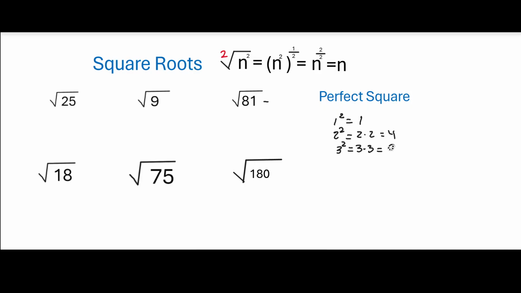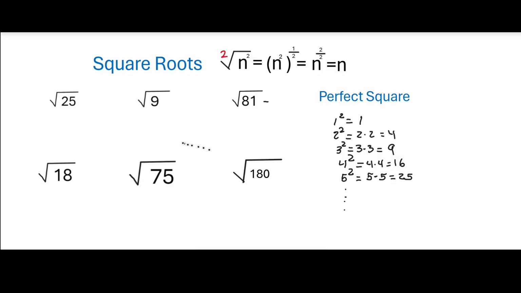So the answer is 9. 4 squared, that should be 4 times 4. So the answer is going to be 16. And 5 squared should be 5 times 5, which is going to be 25. And you get the picture, right? So these numbers will continue and it doesn't end.